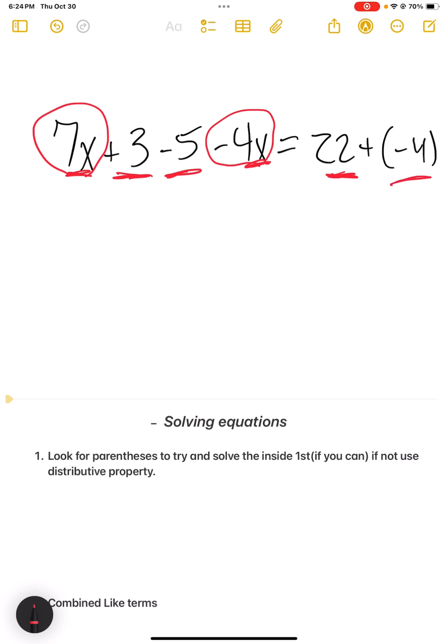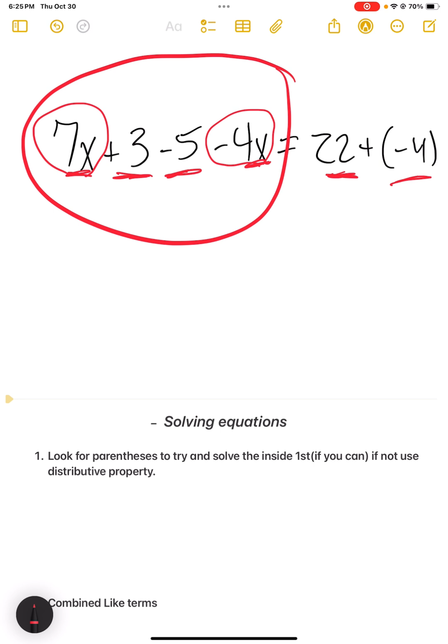So now let me get more specific for you. When you are doing step 2, known as combining like terms, you focus on one side of the equal sign at a time. So if I'm looking at just this side over here, there are 2 sets of like terms to combine.